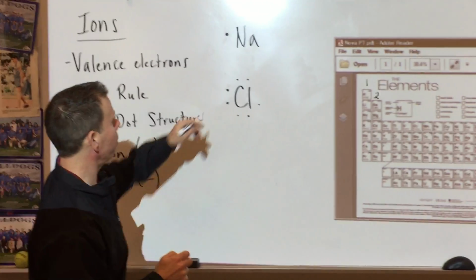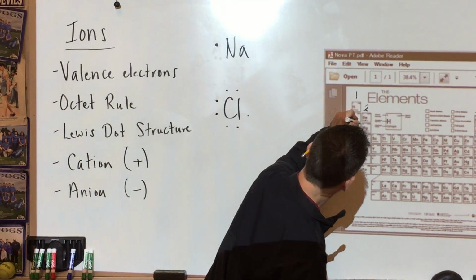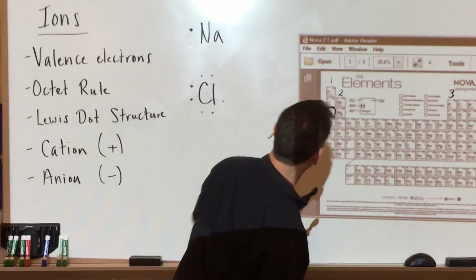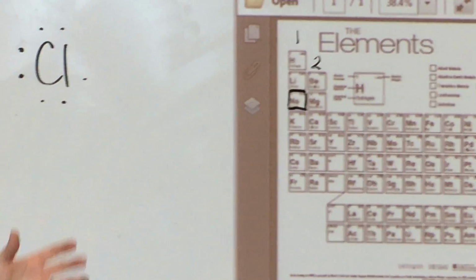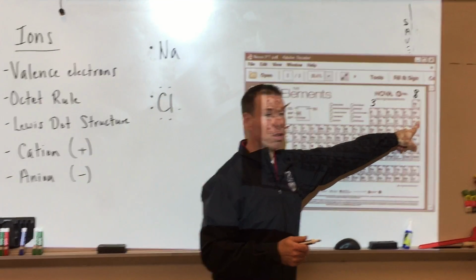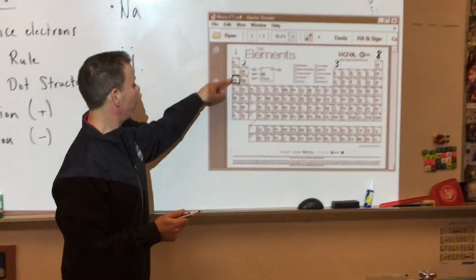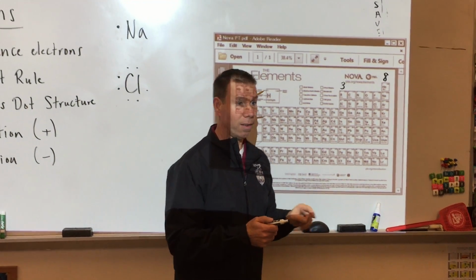For example, sodium, which has one valence electron, is right here in the periodic table. In order for it to look like a noble gas, it would either have to gain 7 electrons to look like argon, or if it loses 1, it looks like neon.